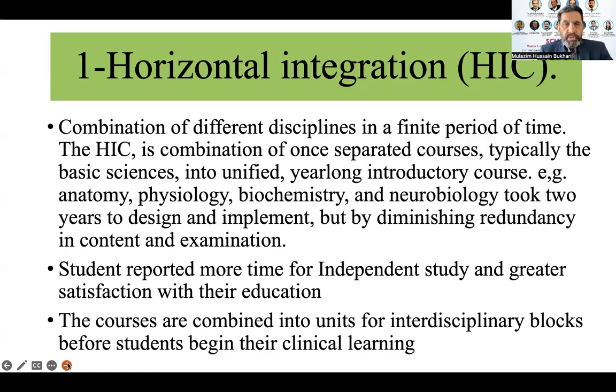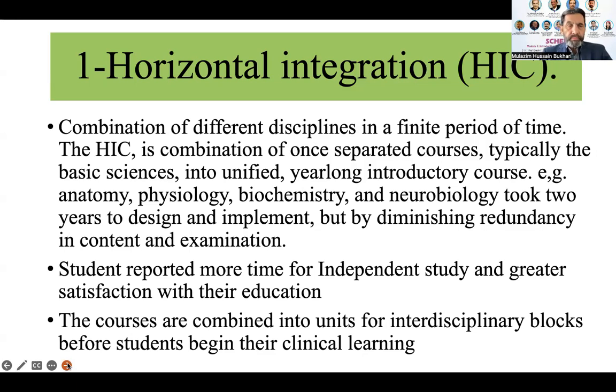It took 2 years to design and implement. By diminishing redundancy in content and examination, they combine these things. Students report more time for independent study and greater satisfaction with their education.